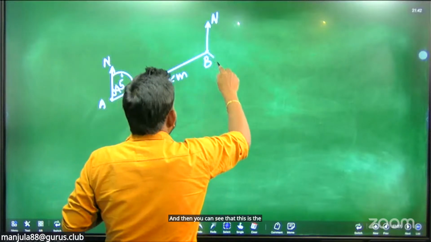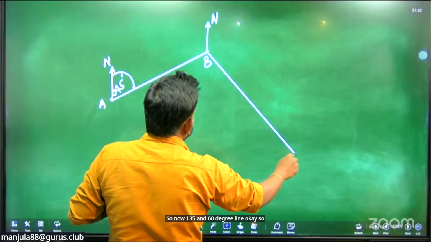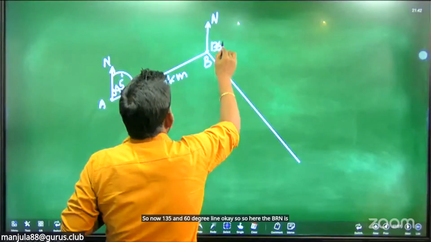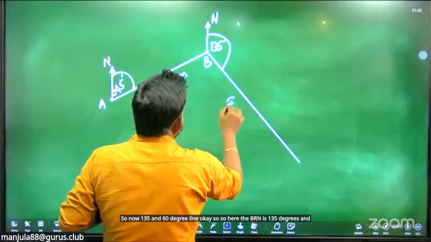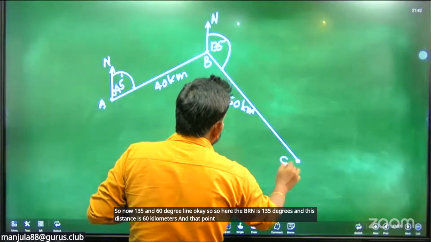So now 135 and 60 kilometer line. So here the bearing is 135 degrees and this distance is 60 kilometers, and that point C locates there.